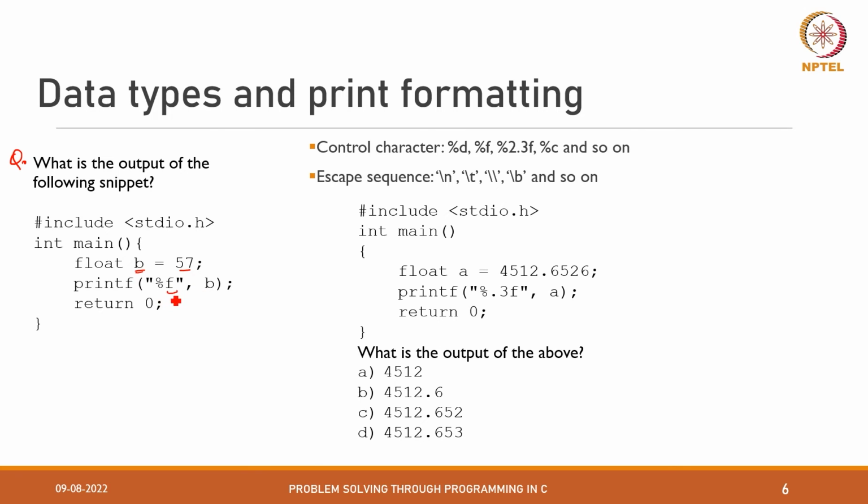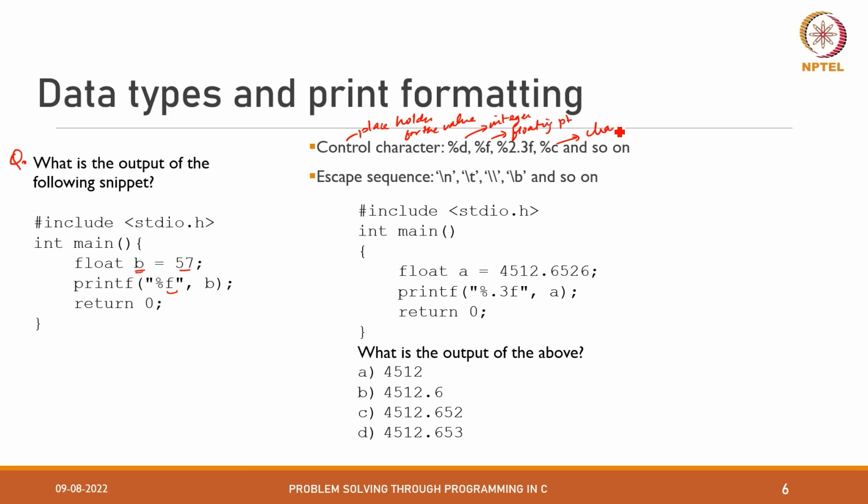It is a control character. While printing, this control character tells what exactly you want to print. Depending on that, you will use the control character. It is basically a placeholder for the value. There are different kinds of control characters. Percentage d is used for integers, percentage f is used for floating points, and percentage c is used for characters.